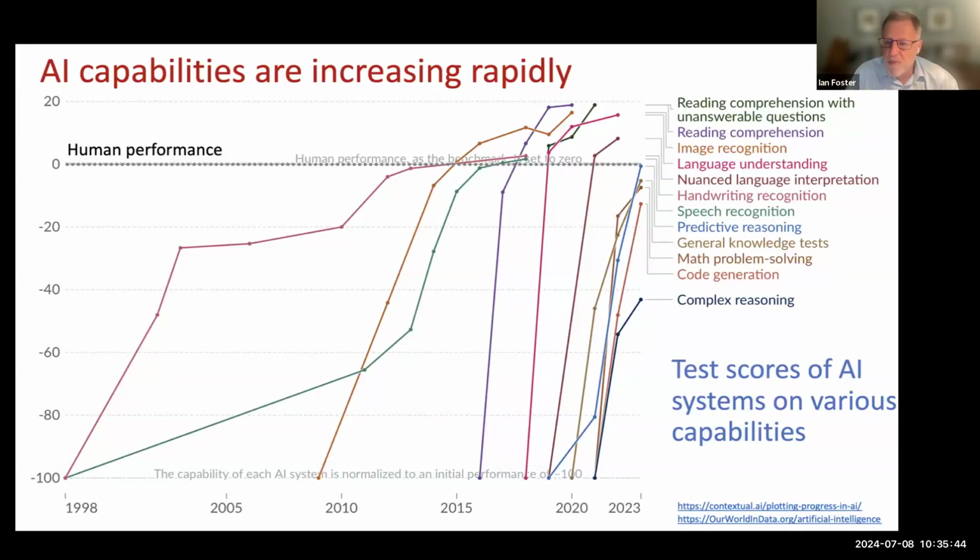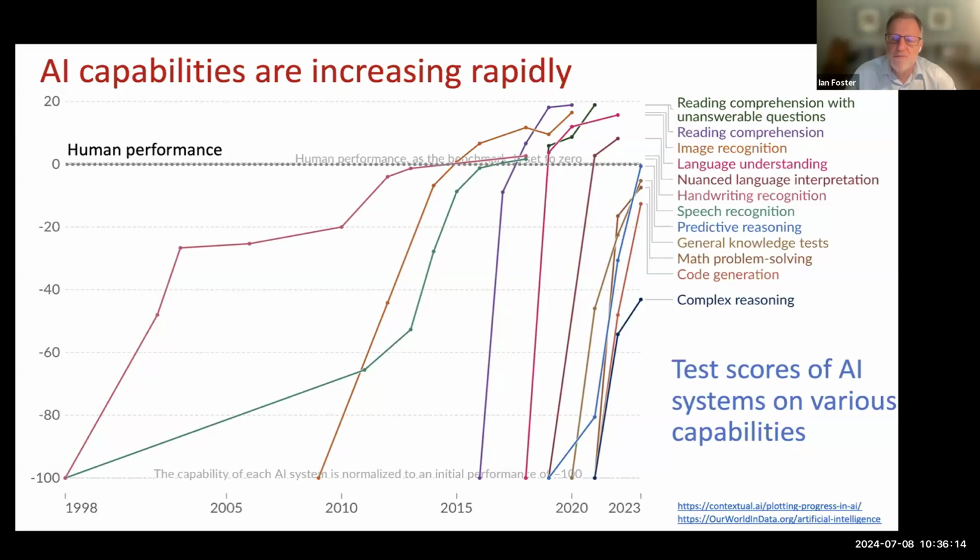This is a fairly recent report that looks at a whole set of different benchmark tests and looks at the capabilities achieved by AI methods over time, as reported in the best available results, and normalizes them to human performance as reported in other publications.